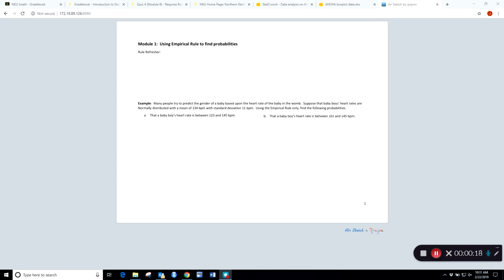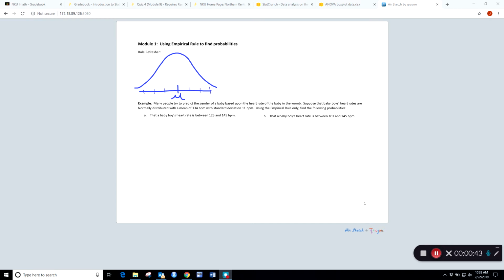So the first thing we're going to do is just refresh our memory on how the empirical rule works. This works when we have a normal distribution, and our normal distribution is always centered at the population mean of mu. We then go out up to 3 standard deviations in either direction.